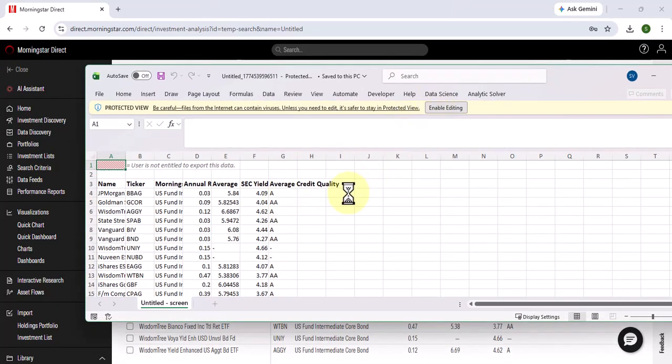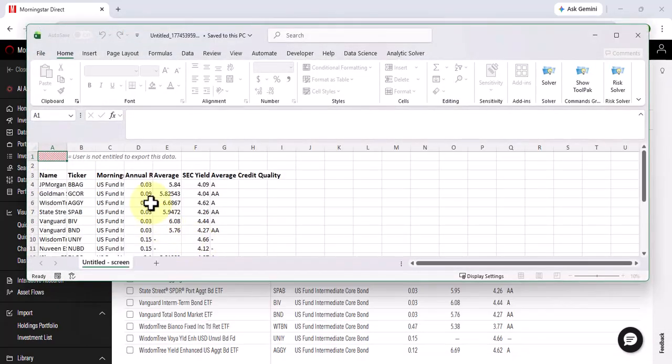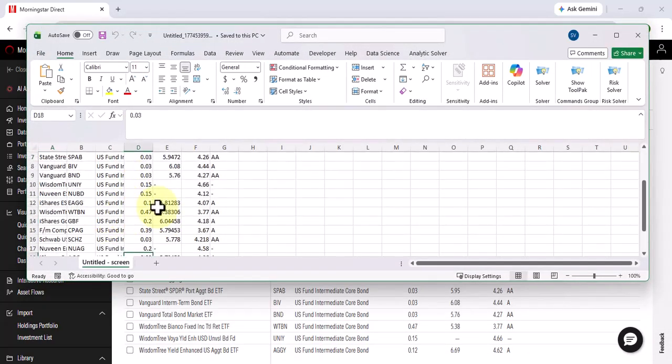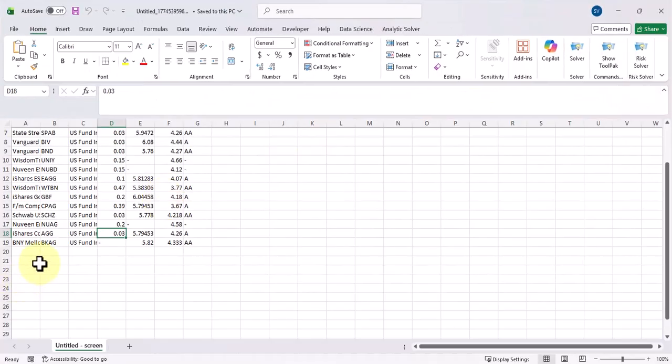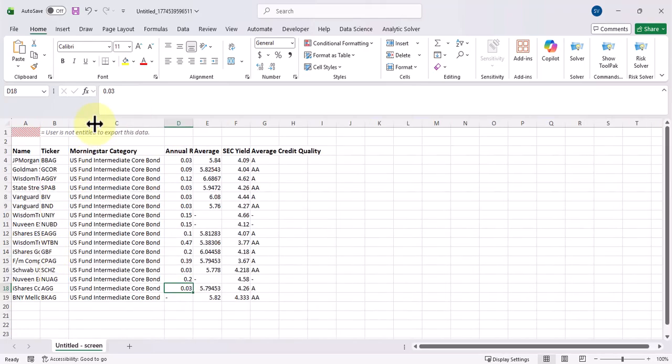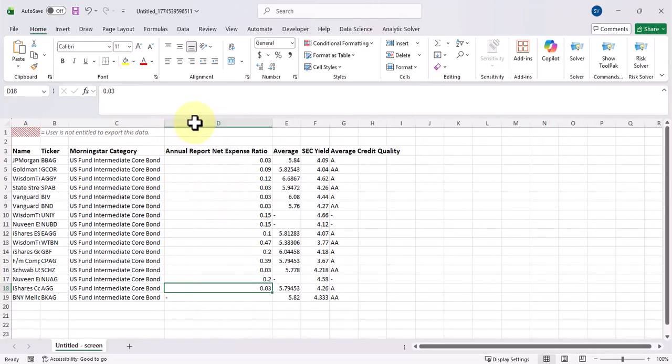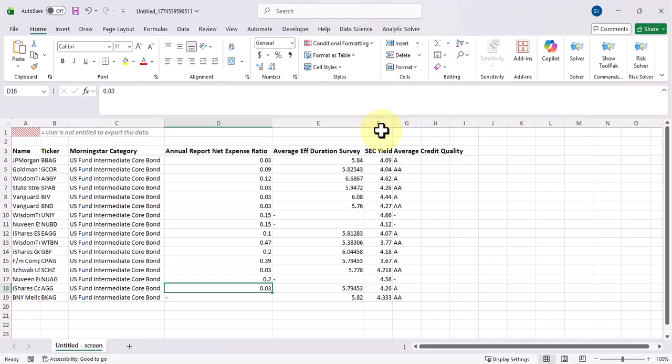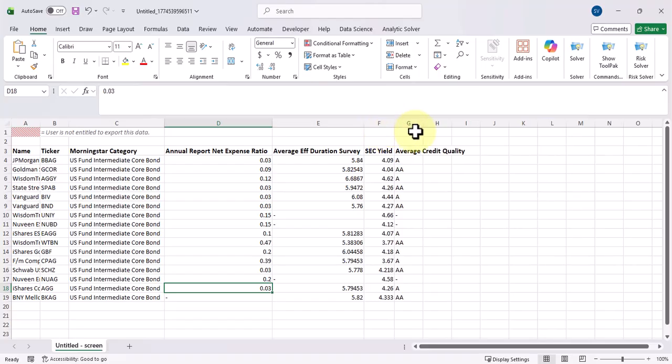So my Excel spreadsheet looks like this. There's different ways to handle the data that we have here.